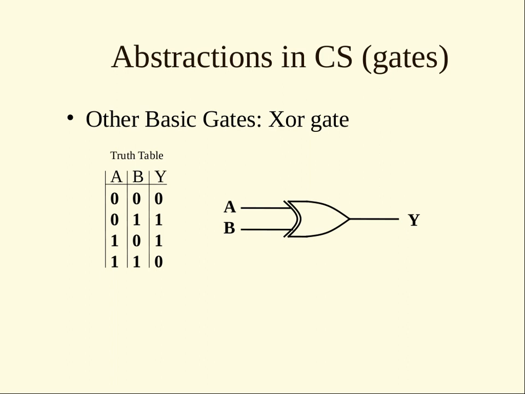XOR should be the OR of 0 and 1, looking at A and B. But what about 1 and 1? That goes to 0. So what this is called, it actually does exist. It's called exclusive OR, meaning that it's one or the other, but it can only be one. OR is actually called inclusive OR because if both of them are true, it's including both of them.